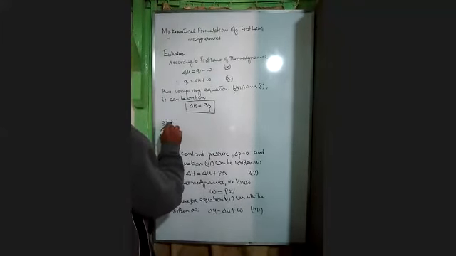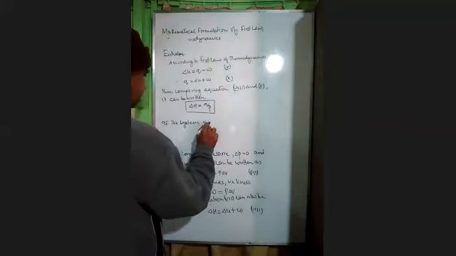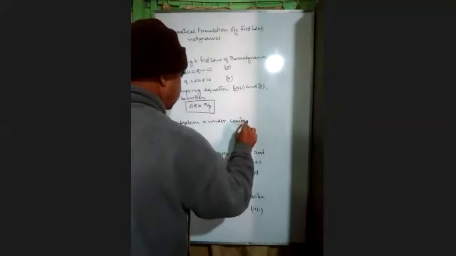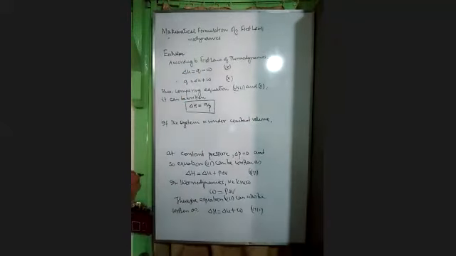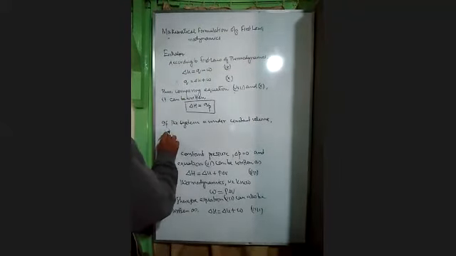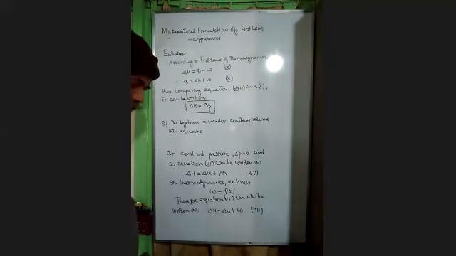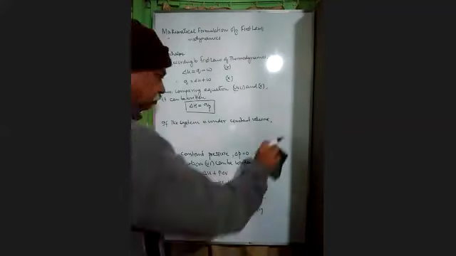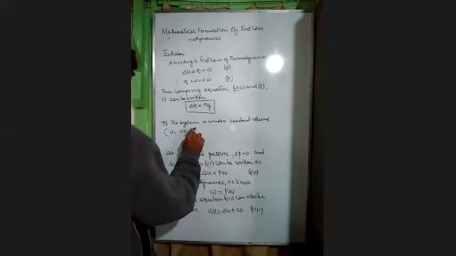If the system is under constant volume, see, if the volume is constant, pressure is automatically constant. Then delta V is equal to 0.